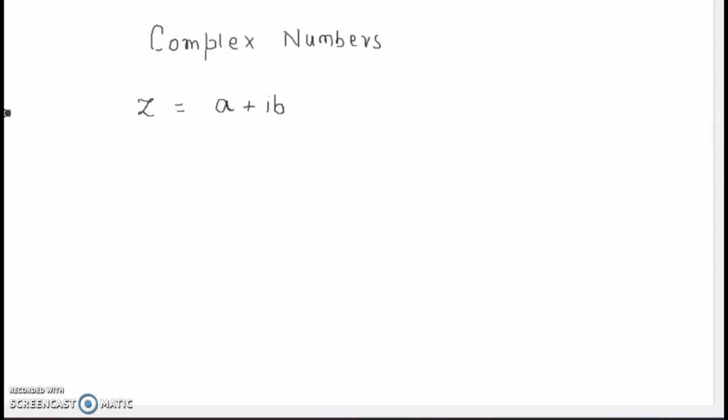And remember that this a is called the real part. And this b is called the imaginary part.